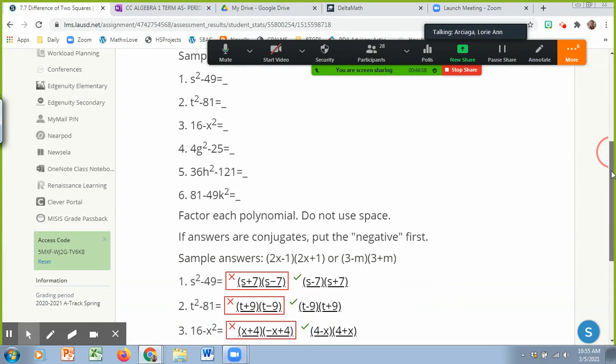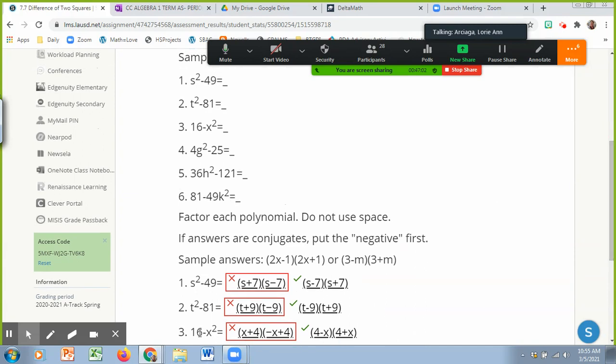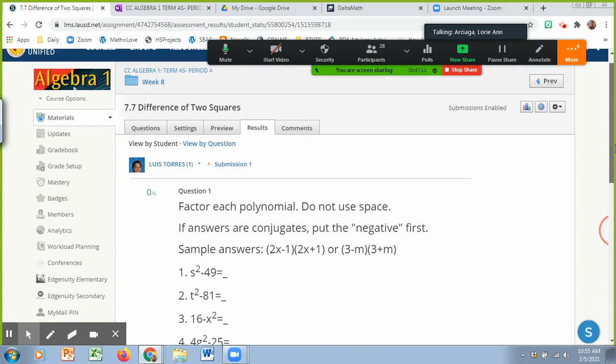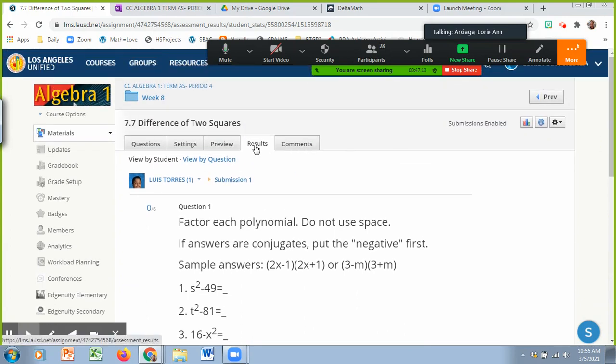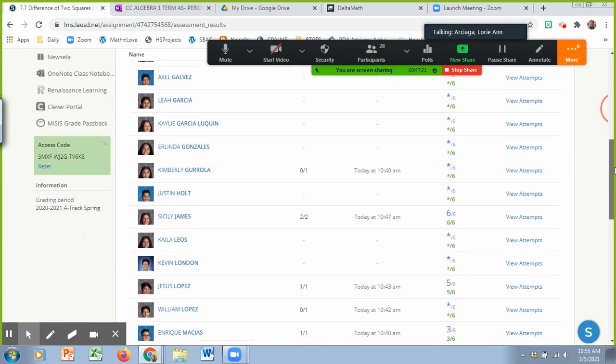You put all positive first, and if the number comes first, you have to put the number first also. Don't worry, if Schoology marks your answers wrong, I can overwrite that myself. Just let me know and I will double check that one.